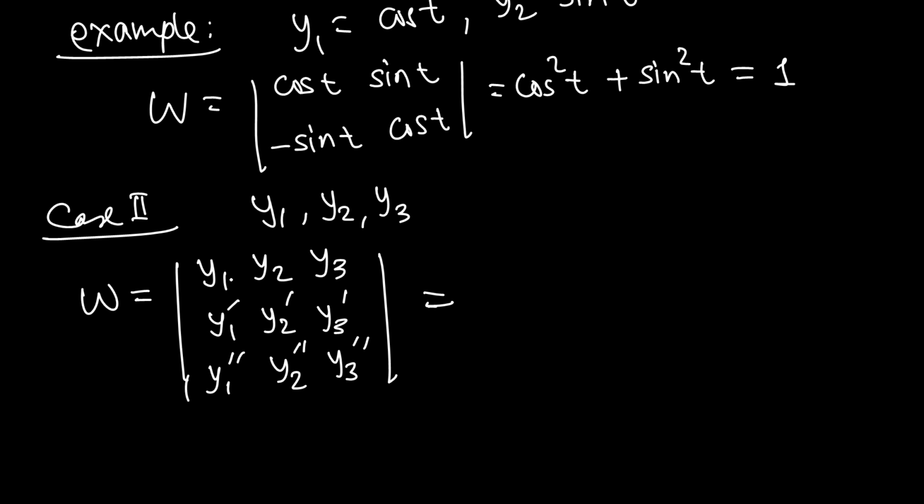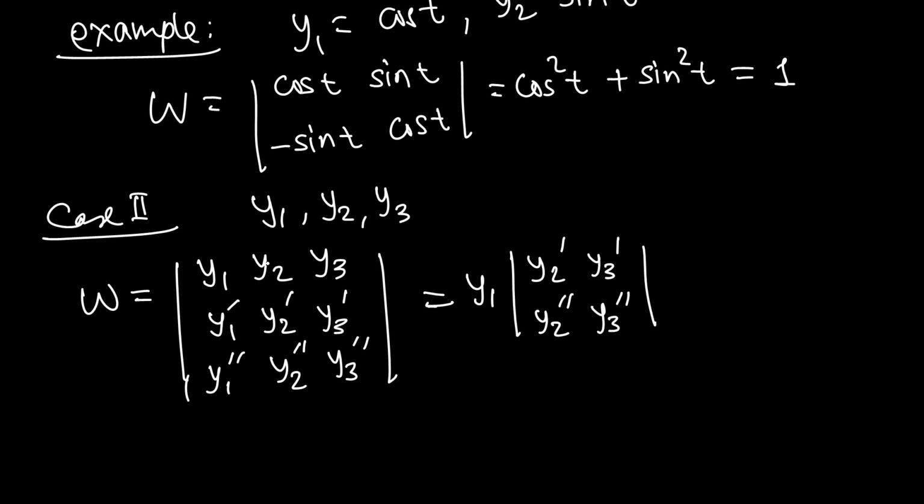I want to expand along the first row. So this will be y1 times, just delete the row and column containing this y1 and write down the 2 by 2 determinant. So it will be y2 prime, y3 prime, y2 double prime, y3 double prime.